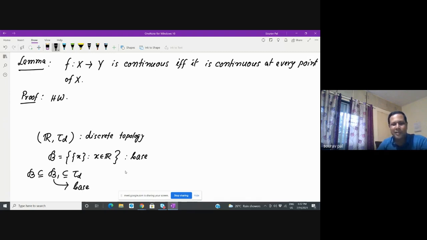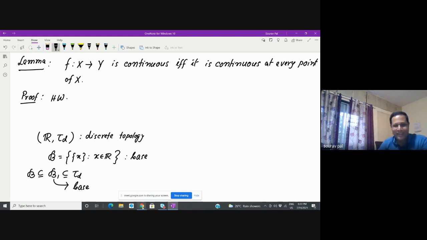You can prove this easily, because you are putting some more sets. If you add some more sets to a base, it is again a base. No doubt about this. Now, how many such members are there in between script B and tau d?